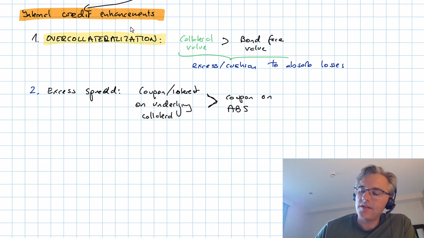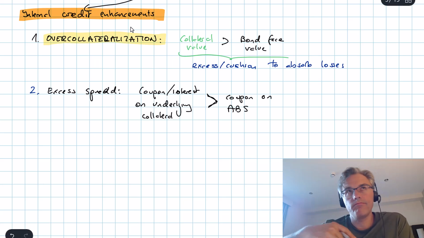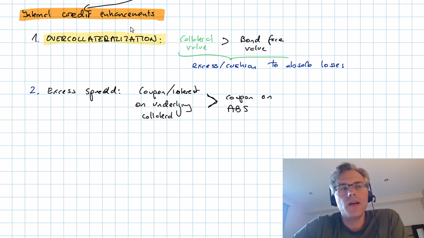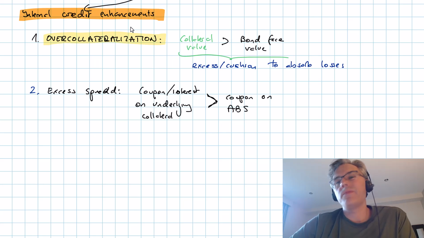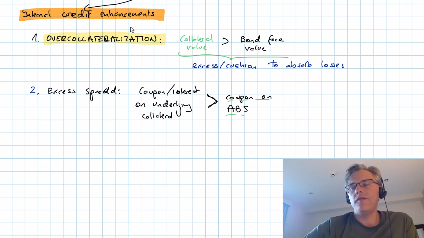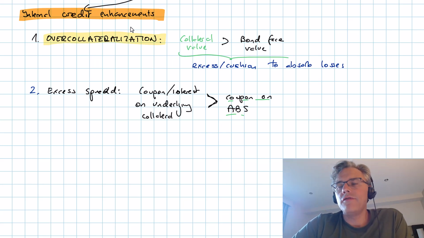Imagine the borrowers who receive mortgage loans are paying interest of 5%, but the coupon on the ABS is less than 5%, let's say 3.5% or 4%.